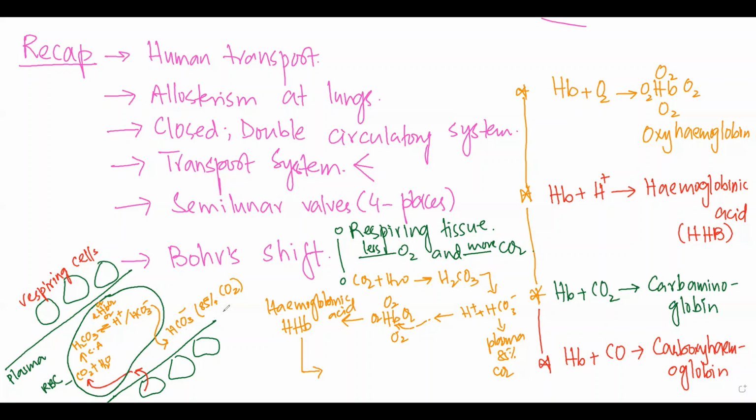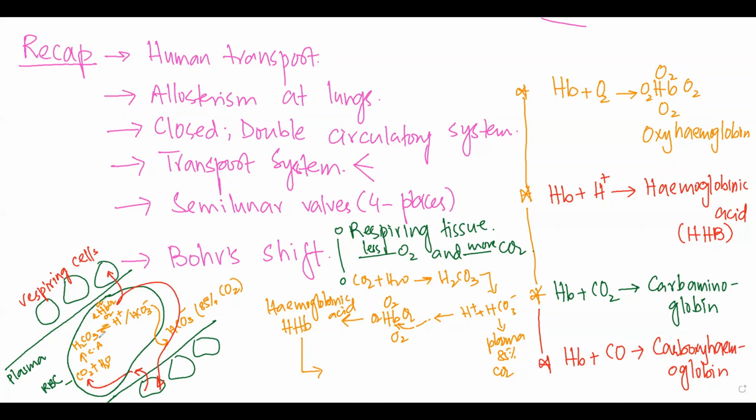Children, look, as soon as H plus binds to HB, hemoglobinic acid, its shape will change, and this will throw away oxygen, and that oxygen will go straight to what? Body cells. So you can see this is how CO2 is taken up from body cells and oxygen is sent to them. I hope the idea is conveyed. At respiring cells, oxyhemoglobin throws away its oxygen.